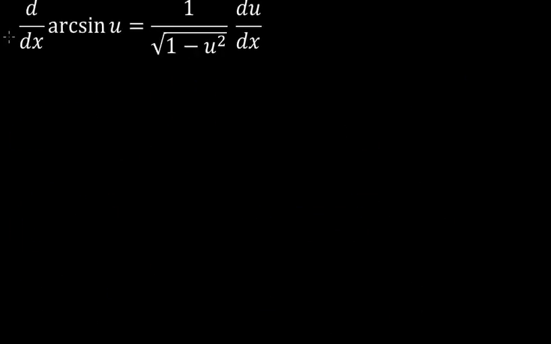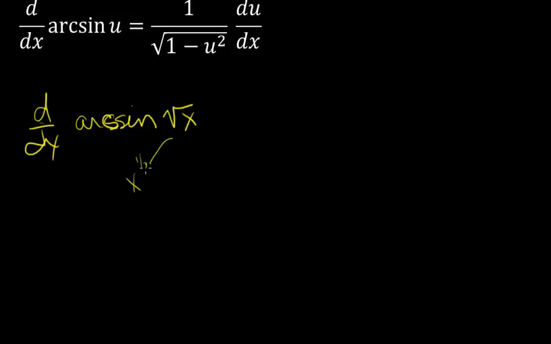The last derivative that you need to know by heart is the derivative of arc sine, which is: the derivative of arc sine u is 1 over the square root of 1 minus u squared du dx. An example we could do is the derivative with respect to x of the arc sine of, well, let's just do square root of x.